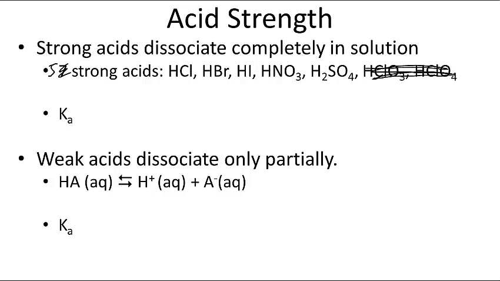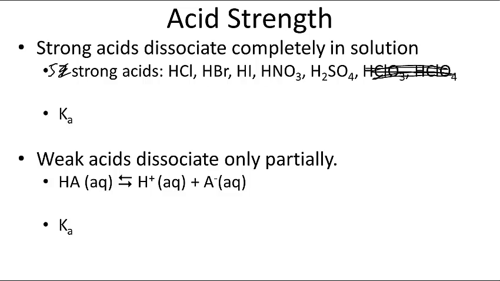If you use chloric or perchloric acid at some point later on in life, it's going to be under very careful conditions, because they're very strong acids, but they're also very strong oxidizers. You don't want to mess with them. But these 5, hydrochloric, hydrobromic, hydroiodic, nitric, and sulfuric, are pretty common strong acids.